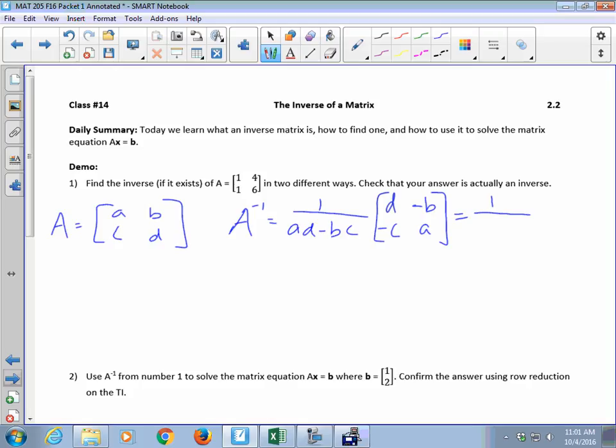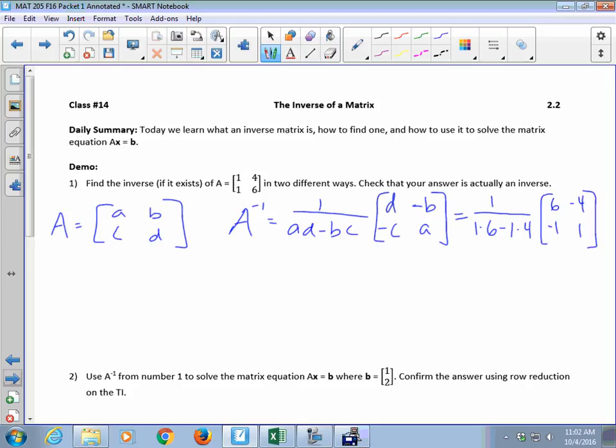All right, so AD minus BC in this case would be 1 times 6 minus 1 times 4. And then just rearrange the numbers in A. So the 6 and the 1 swap. The 4 and the 1 stay where they are, but you make them their opposites.